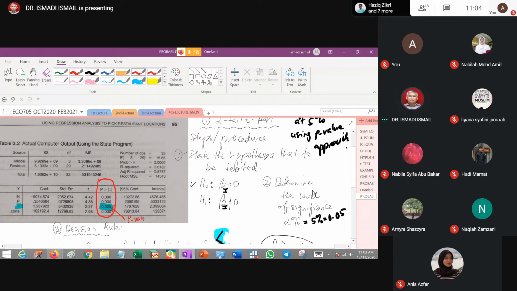This is the p-value of the t statistic for variable I. Just bear in mind, in any statistical software, the given probability value is based on a two-sided t-test, a two-sided test. Okay, based on a two-sided test for the t-test.